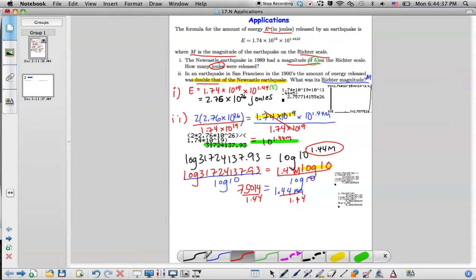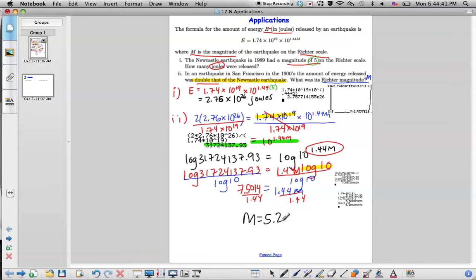So our final answer is m is 5.21, and since we're doing magnitude, we could say 5.21 on the Richter scale. All right, that's it for now.